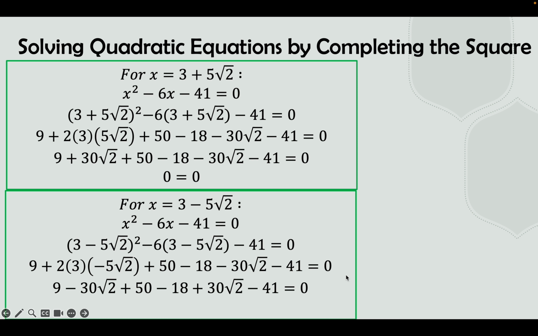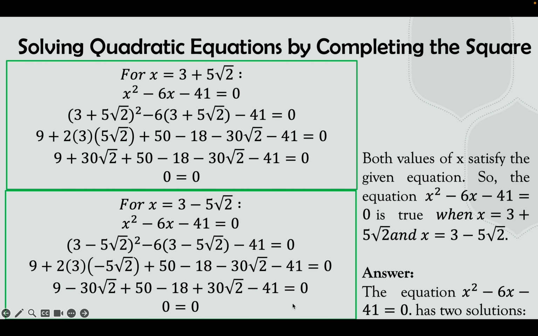So let's simplify this one. We have 9 minus 30 square root of 2 plus 50 minus 18 plus 30 square root of 2 minus 41 equals 0. Now we can cancel negative 30 square root of 2 and positive 30 square root of 2. 9 plus 50, that is 59. Negative 18 minus 41, we have negative 59. So 59 minus 59, we have 0 equals 0.